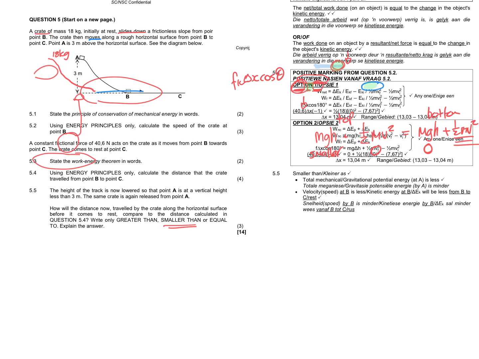There's that question where they ask you, what about the surface area? So if you have a block that's sliding along like this, and if I take the block and I put it on a bigger face on the ground, what difference does it make to the friction, or a smaller face? It doesn't make any difference, because friction is equal to the surface times the normal, which is related to the weight.